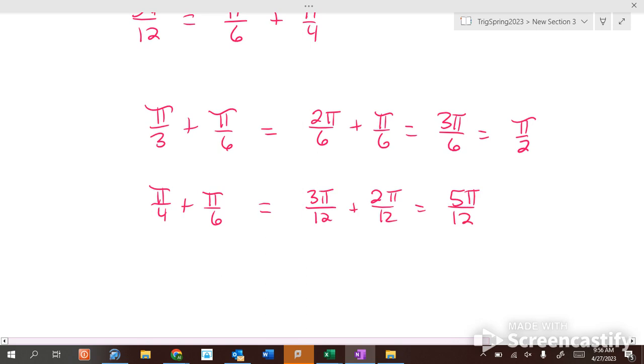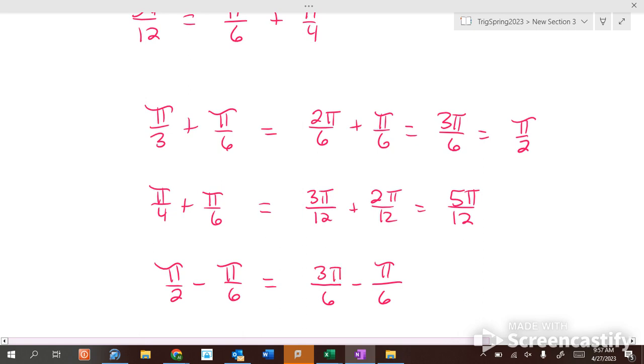Okay, let's do a subtraction one. What's pi over 2 minus pi over 6? What's the common denominator? 6 would be. So if 6 is our common denominator, 1/2 is the same as 3/6.